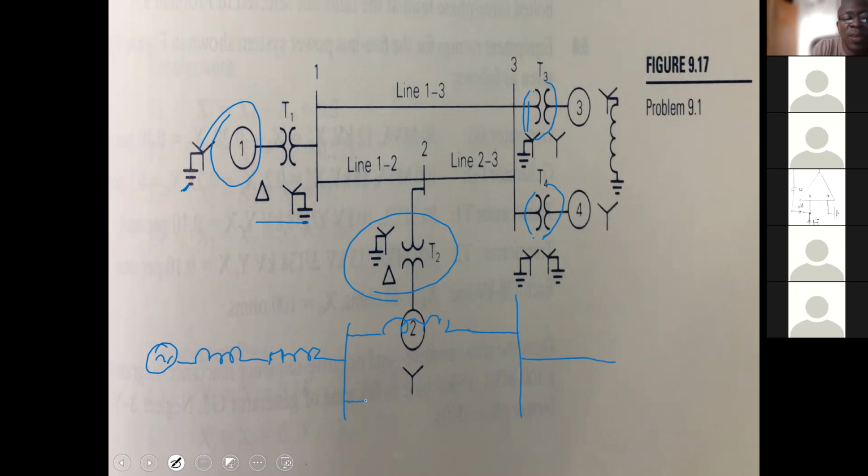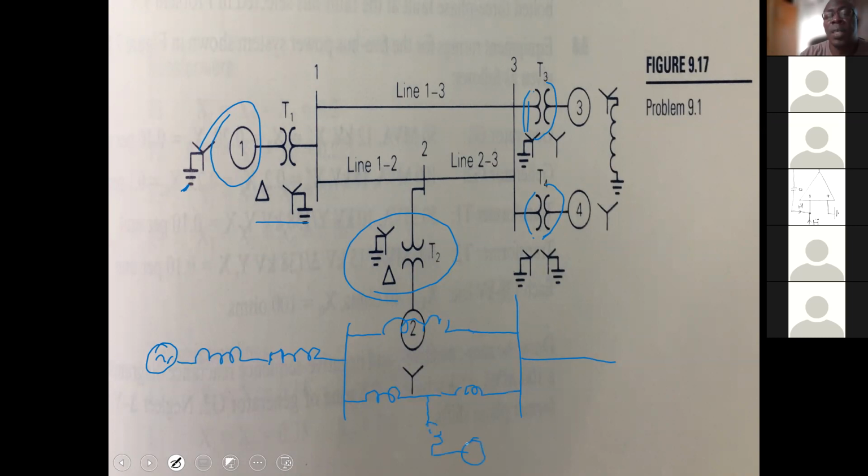Down here, you'd have your line, another line, and then you have your transformer and your generator.